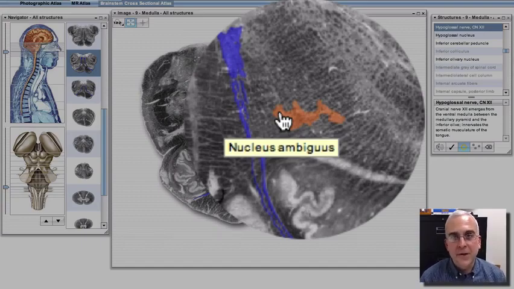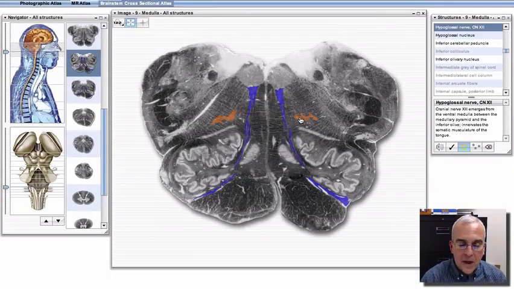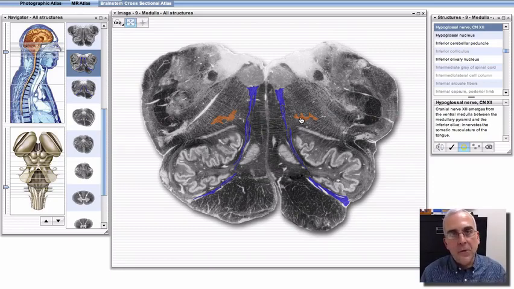Sometimes it's nice when the names tell us something about what we expect to see, and this is one such case. So here's the nucleus ambiguus. As I mentioned, it sort of has two parts to it. There's the cardioinhibitory parasympathetic outflow, but then there's also the brachiomotor outflow, which goes to the muscles of the pharynx and the larynx, also via cranial nerves 9 and 10.